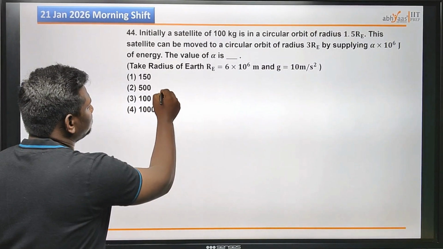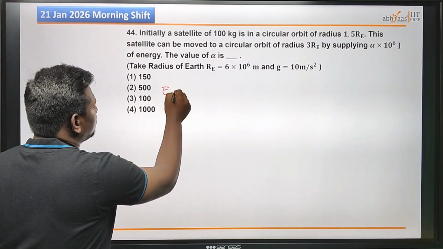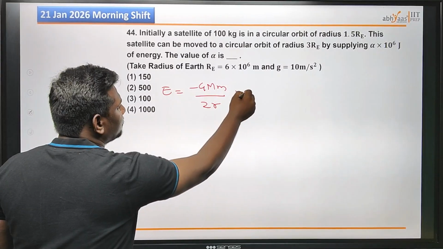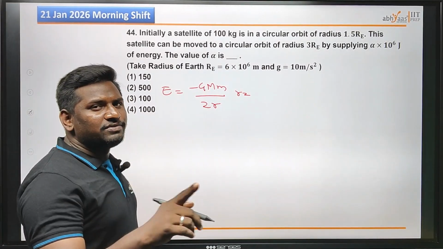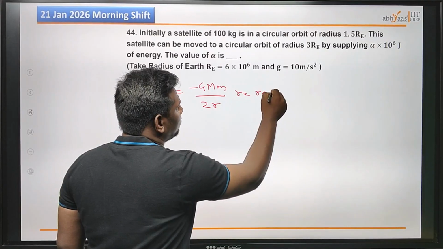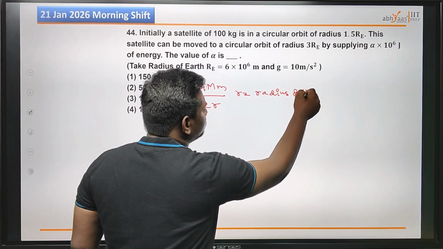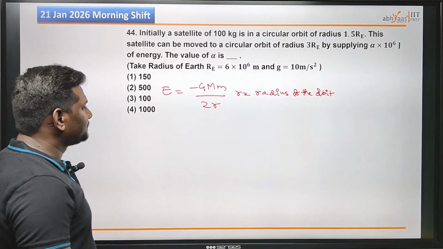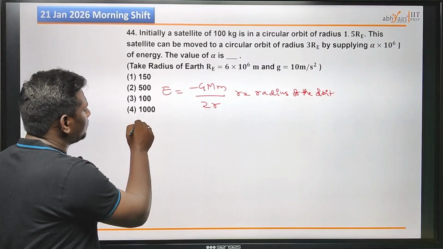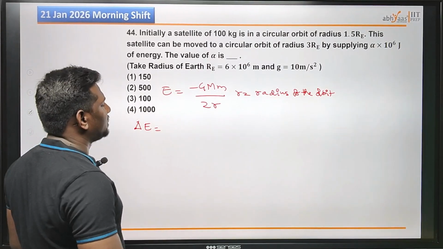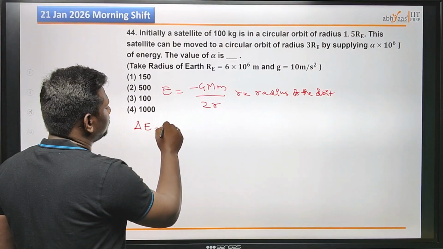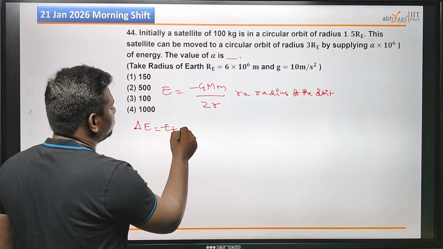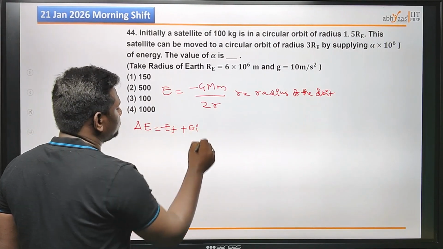What is the energy of the satellite? Energy of satellite can be written as minus GMm by 2r. What is this r? r is the radius of the orbit. I need a change in energy. This is negative, so final energy minus initial.